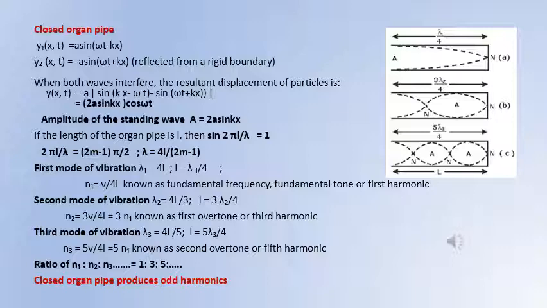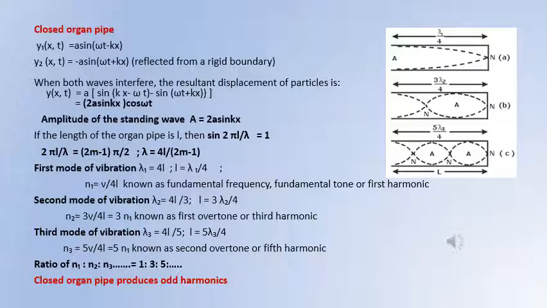The third mode of vibration, taking m as 3, we get lambda 3 as 4L by 5, and the frequency is 5v upon 4L, which is 5 times n1. This is known as second overtone or fifth harmonic.